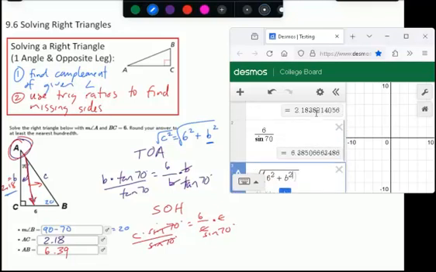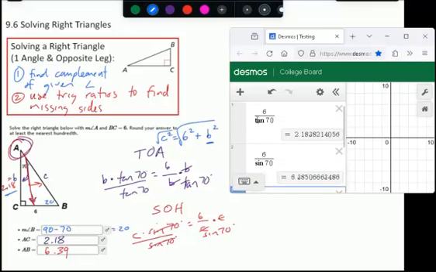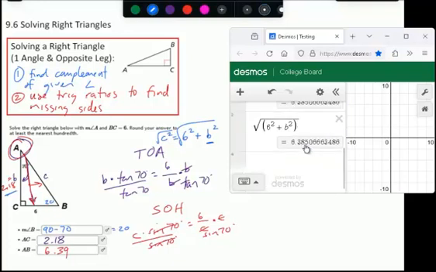I simply need to make sure that this is equal to b. So if I go up to my calculation and I say b is equal to, I can come back and it gives me the same exact value. So you could use Pythagorean theorem if you wanted to. If that's the case, you're just going to assign a variable to your first length, okay, and then you can use the Pythagorean theorem to find the remaining one.